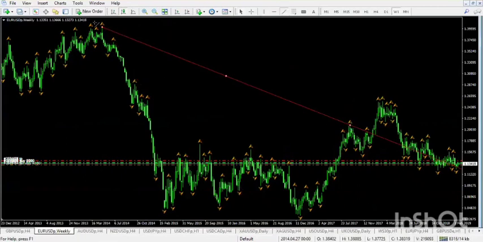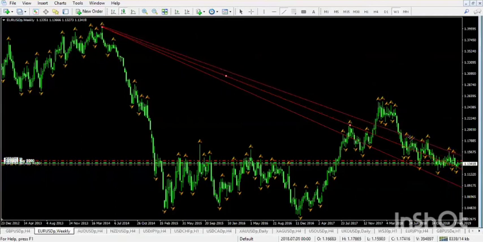So this is my swing high at the top, and I'm going to connect it to every single one of the fractals that I have here. Each of them represent a swing high. And you have to be very precise and accurate.